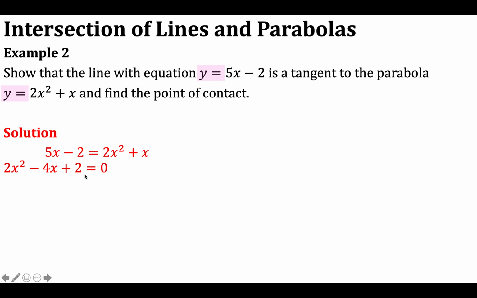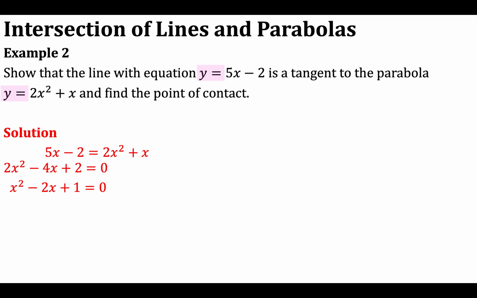Now, obviously I need to solve for x here, but I'm noticing that there's a common factor of 2, so I'm going to divide by 2 firstly to make the factorisation easier. So dividing by 2 leaves me with x squared minus 2x plus 1 equals 0.